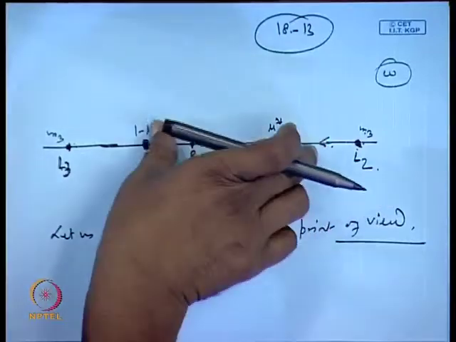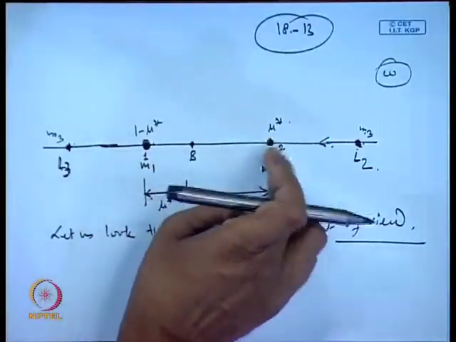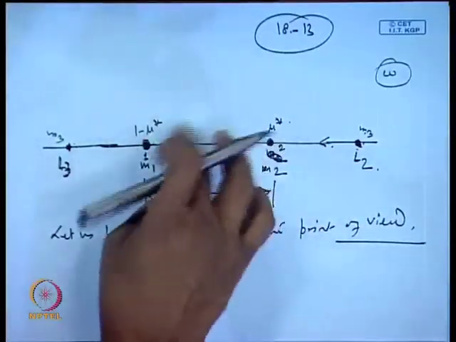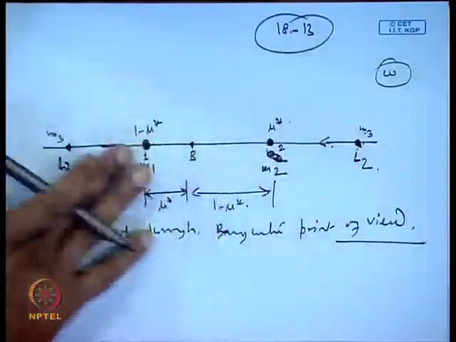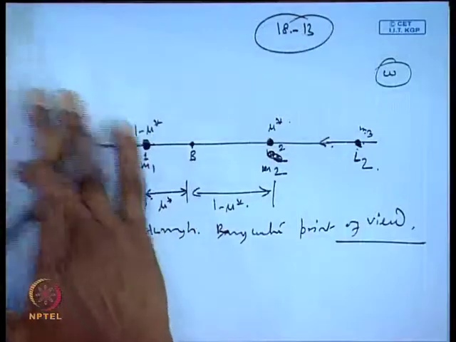Okay. In reality what is happening, the masses m1 and m2 are moving about their barycenter. So, if the mass m3 has to stay in the same line, this also must move like this.